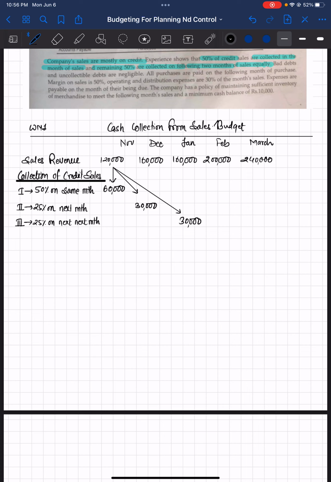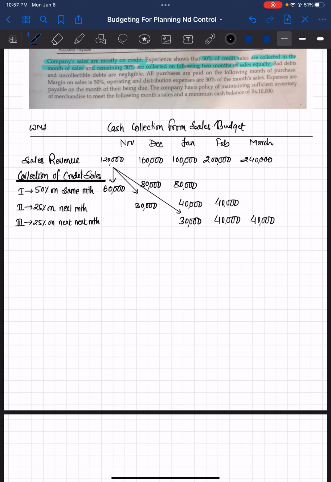So if we do the same thing for the rest of the sales, we'll find that there's going to be 80,000, 40,000, another 40,000 on the following month of sales. Since it is also 160,000, it's going to be 80, the 40, and the 40.